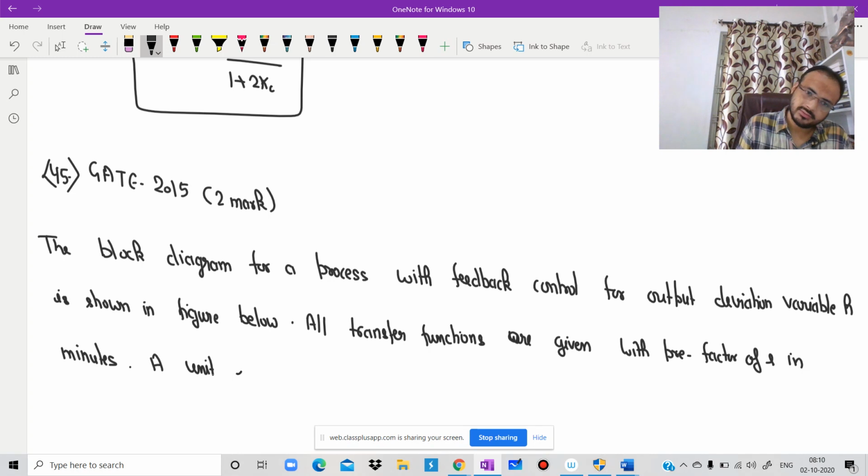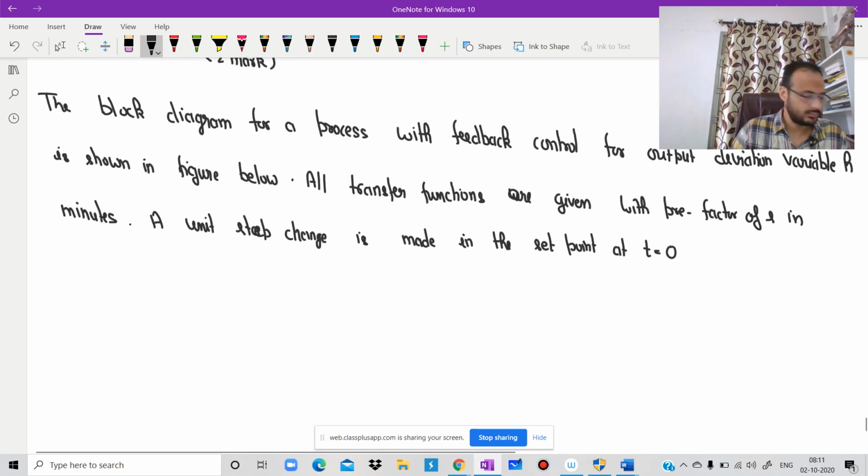Unit step change is made in the set point at t is equal to 0.